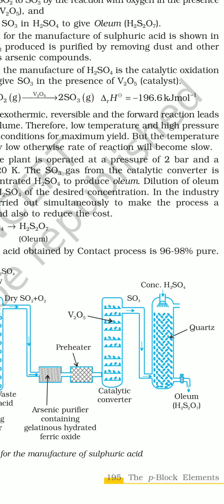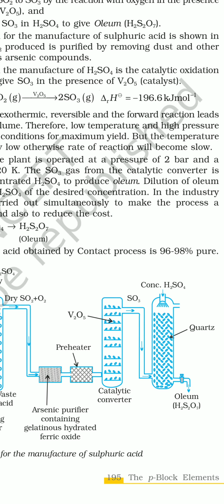Sulfur trioxide, which is formed here in this chamber, comes down into the last chamber, and in the last chamber you can see concentrated sulfuric acid is being sprayed from the top, and sulfur trioxide is entering from the bottom. Now concentrated sulfuric acid absorbs the sulfur trioxide and it settles down. There is a tap here at the lower end, at the bottom of this chamber, from which we can remove oleum which is being formed from time to time.